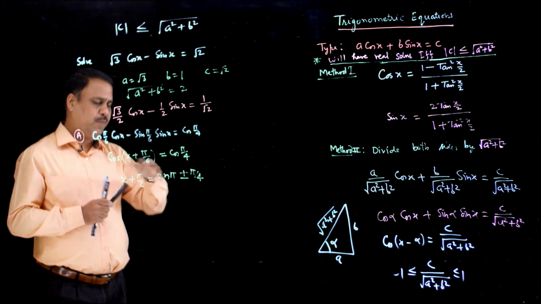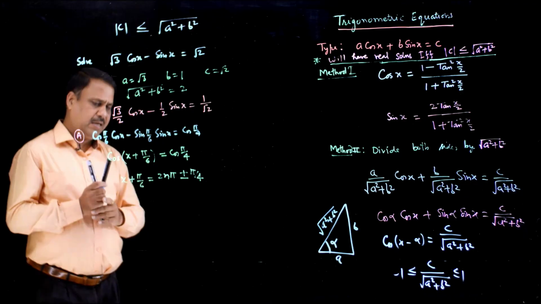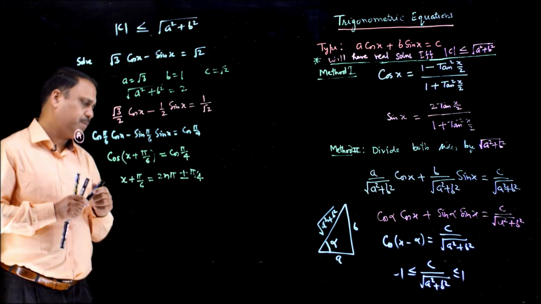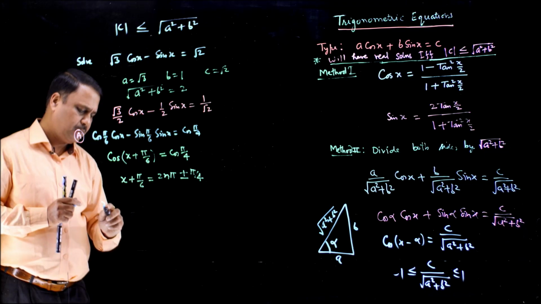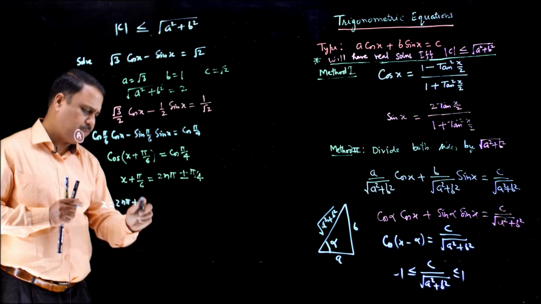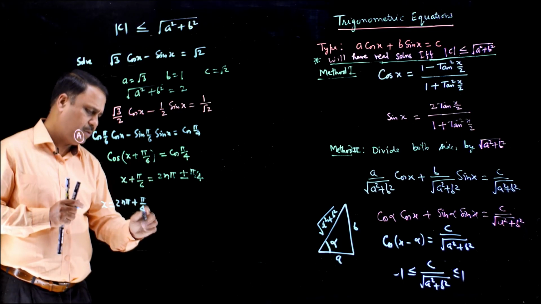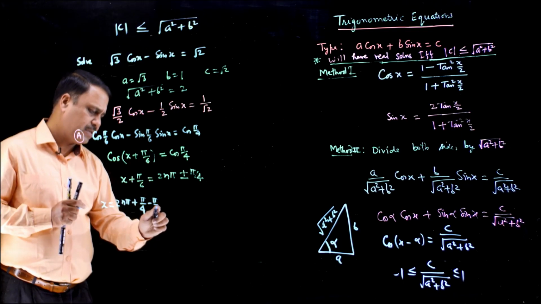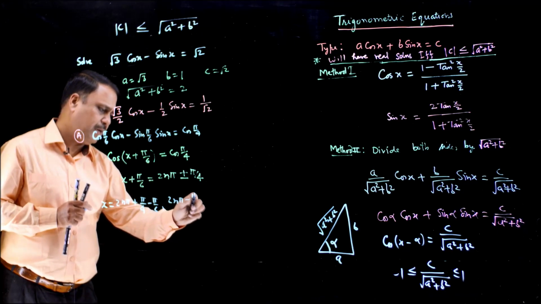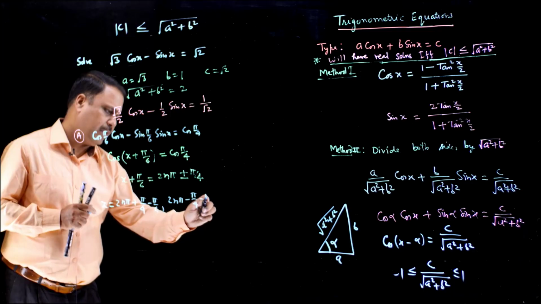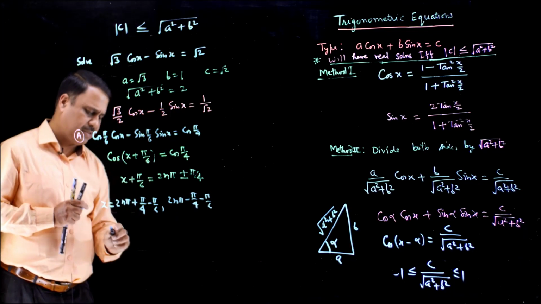You can solve this in two parts. So you can write x is equal to one solution 2n pi plus pi by 4 minus pi by 6, and x equal to 2n pi minus pi by 4 minus pi by 6.